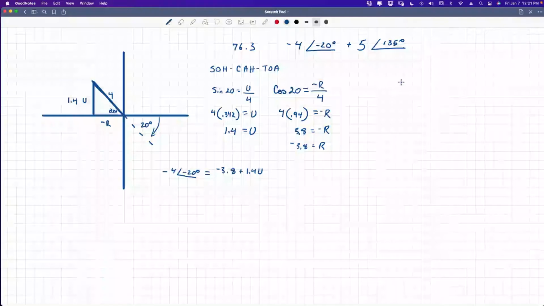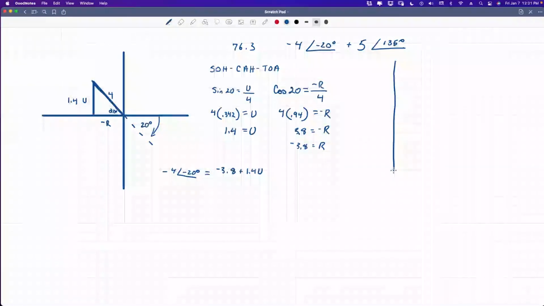So now let's do this one, and I'm going to draw another little graph here for the second one, and I'm going to write it down here. 135 degrees. Okay, so we know it's positive, so it's measuring from this direction. That is going to be less than 180, so it's going to be over here somewhere.